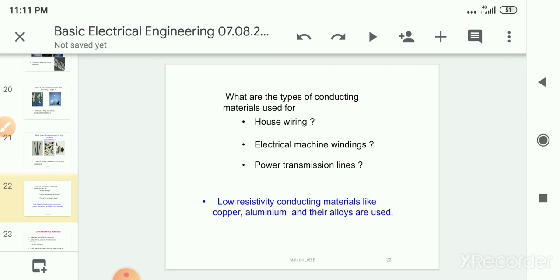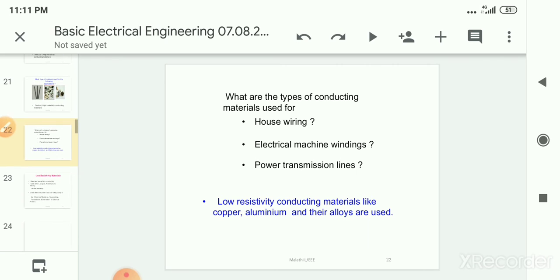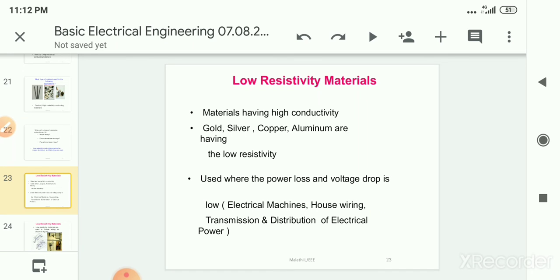Because they have a very low value of resistance, their power losses will be less. Heat dissipation is also less. That's why in those types of applications we use low resistive material.